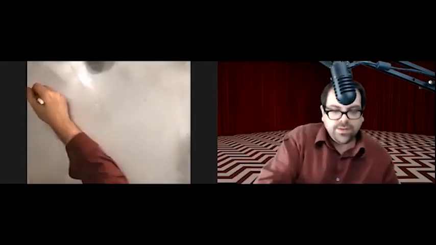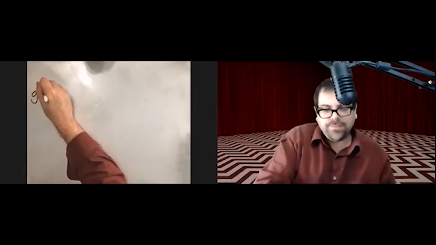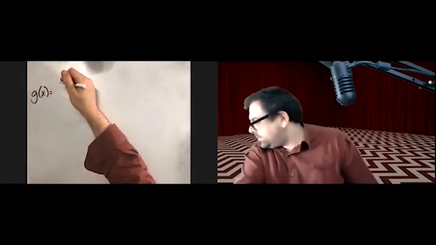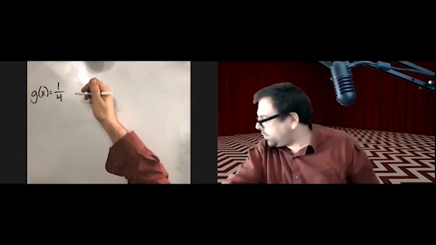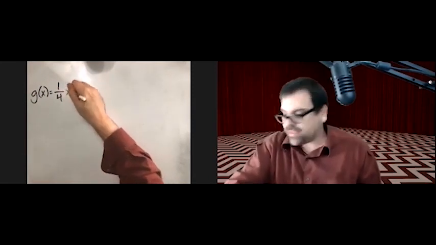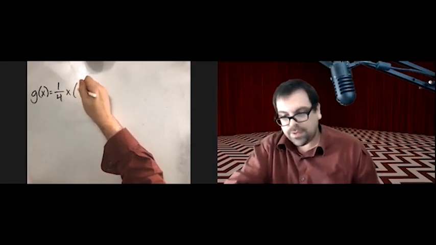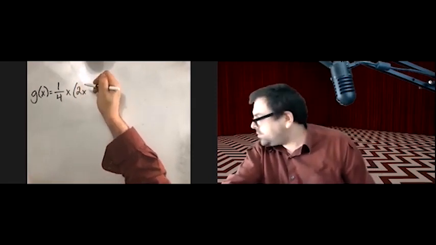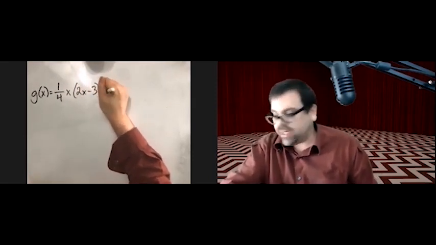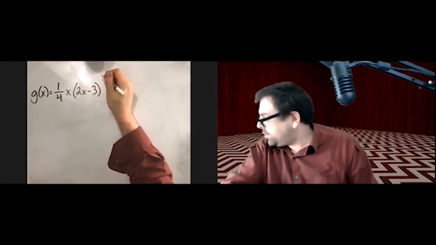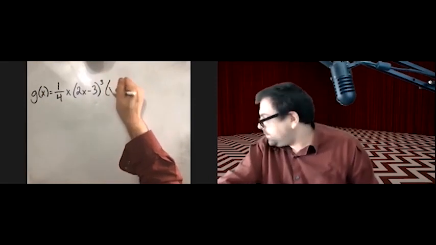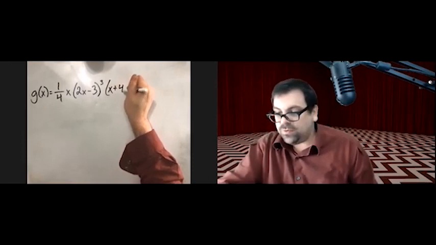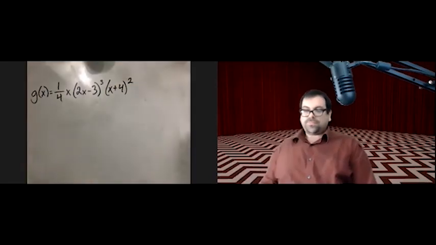This one's a little challenging looking. G of x equals 1/4 x times 2x minus 3 cubed times x plus 4 squared.